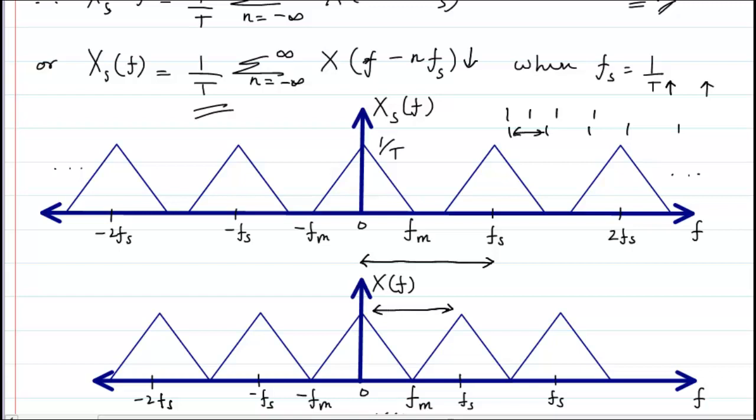So if I increase the spacing, the value of fs is going to go down, and that means the spectrum is now going to be close to each other.